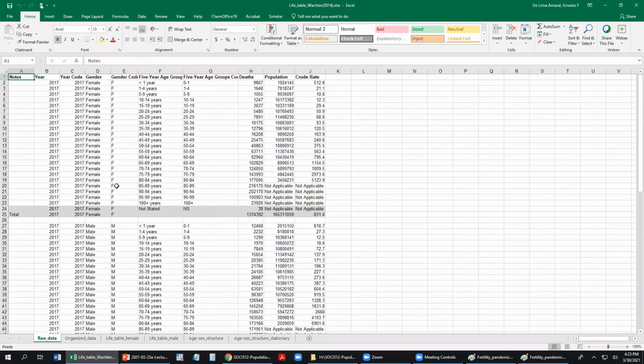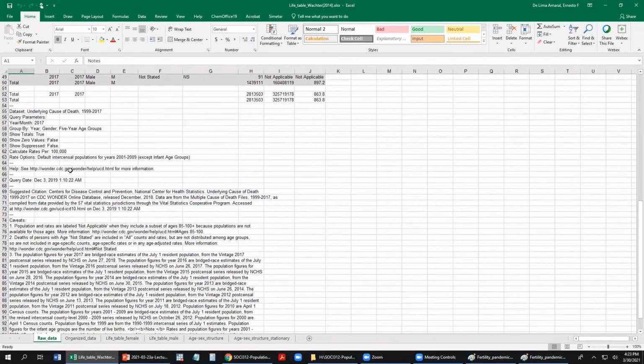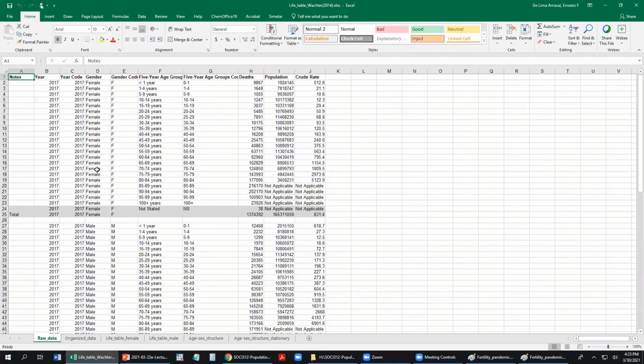But here, I pretty much went into the CDC website, this website here, and collected information of number of deaths and population by age group and by sex, women and men. Population in their case goes only to 80 plus. It does not break down for older ones.